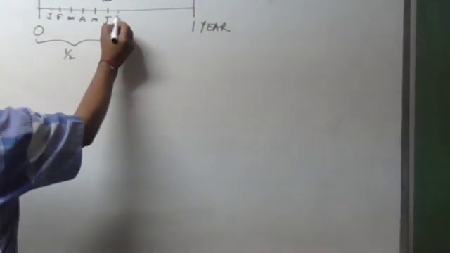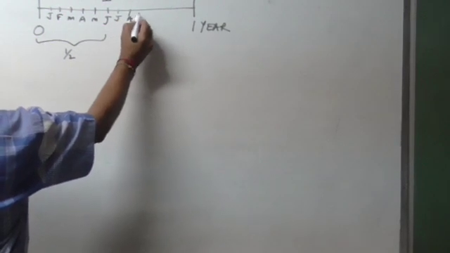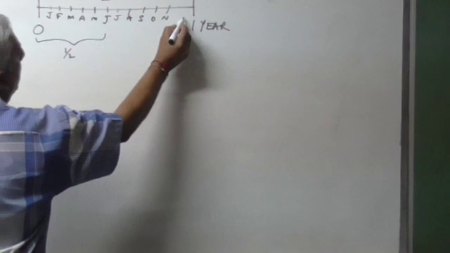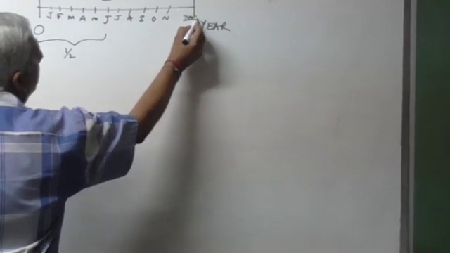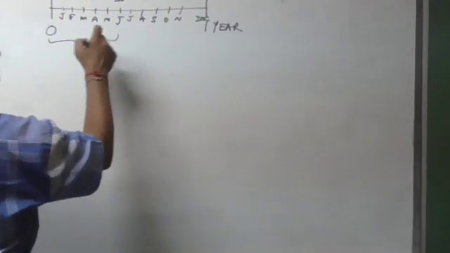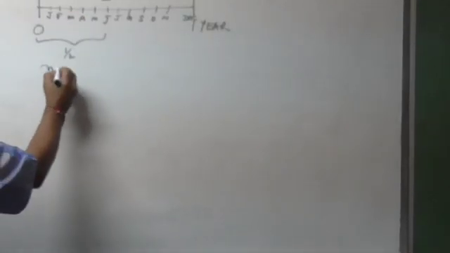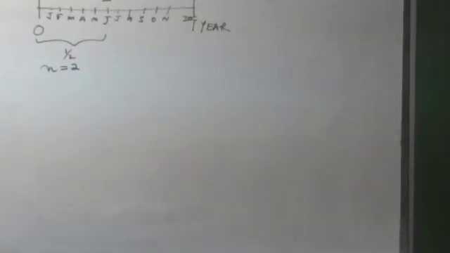So here you have July, August, September, October, November, and there's December. You'll get interest. So you can see that when it's compounded half yearly, you'll get interest 2 times a year. Therefore, we say that n is equal to 2. You're getting 2 times a year.